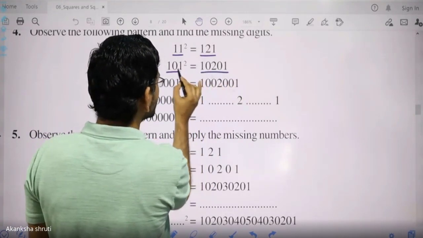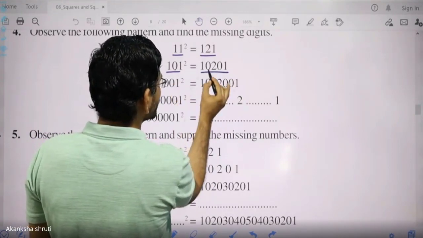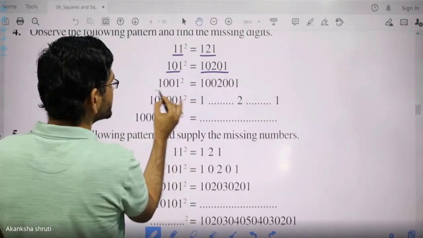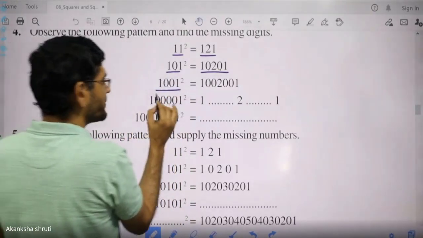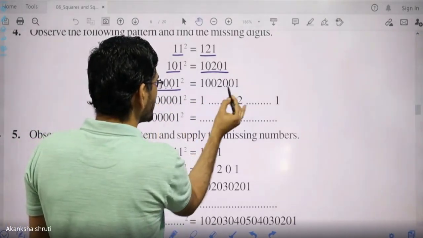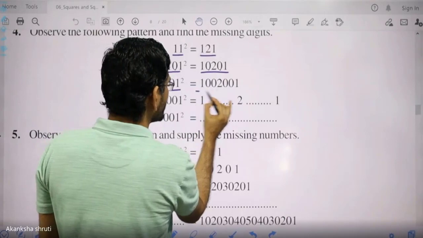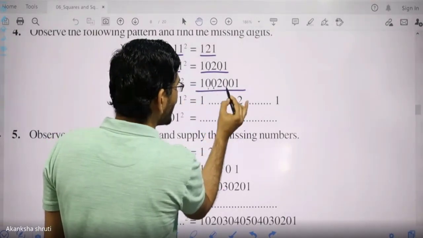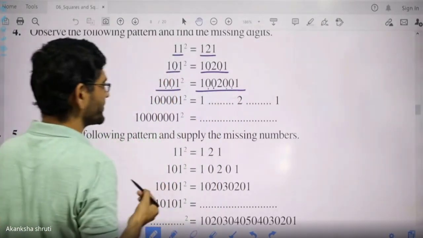We are getting that while 2 is being placed here, the other 0 and 0 are coming here. Students, then 1001, keep in mind the 2 zeros are here. Therefore, in their value, the 2 zeros have come before, as well as 2 zeros have come here.